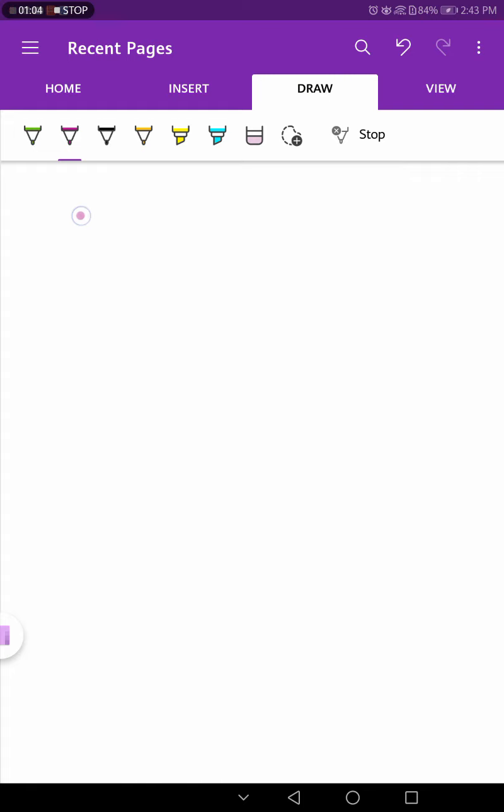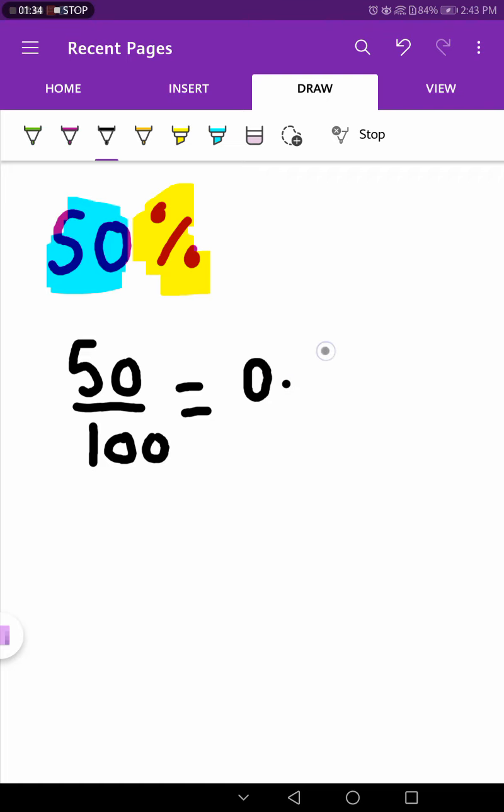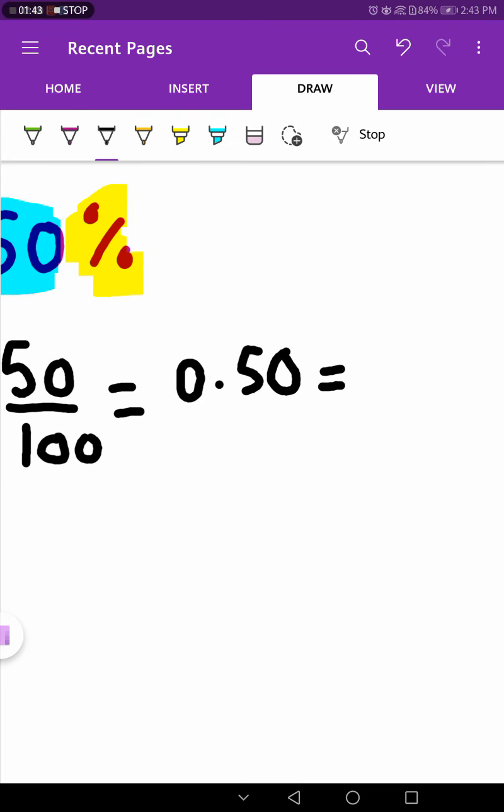Now let us take another example, 50%. Again, any number here is over 100 because we have the percent. Percent means over 100. So it is 50 over 100. That means it is 50 hundredths, so it is 0.50, or you can write it as 0.5.